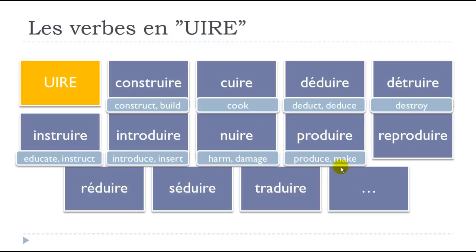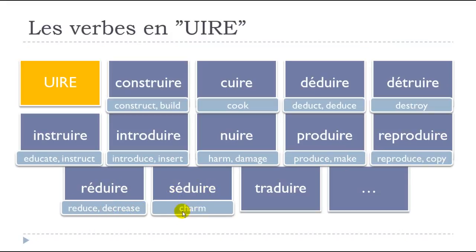Produire, produce, make. Reproduire, reproduce, copy. Réduire, reduce, decrease. Séduire, charm. Traduire, translate. Okay, so keep in mind that these verbs here will actually be conjugated like we saw a few minutes ago. Voilà.